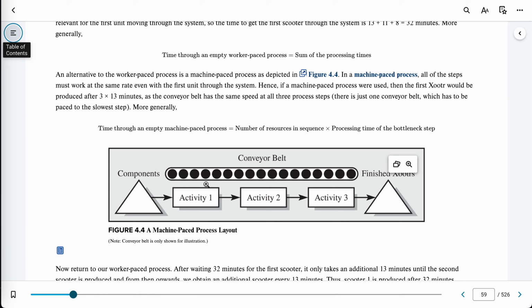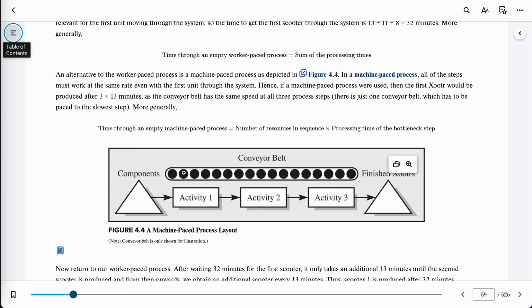Now, I say machine, but it doesn't have to be machine. It can be a person who's doing activity 1, person doing activity 2, and person doing activity 3. But then the conveyor belt moves at the same rate, but there is no work in process in between, right? Because there's no work in process in between, stages that are faster basically have to stop doing their work while the slower process goes on.